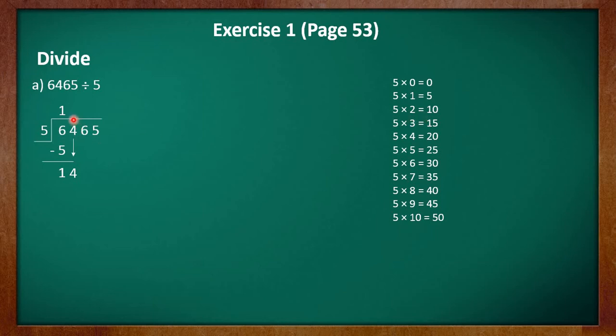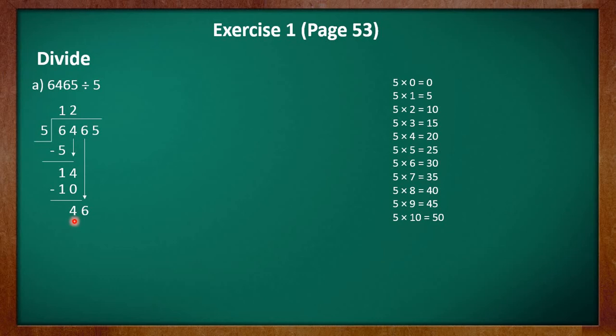So we will write 2 as quotient here and we will write 10 under 14 and we will subtract. So 14 minus 10 will give you 4, and now we will look for the next digit, which is 6, and we will bring down 6 here. So the number now becomes 46.